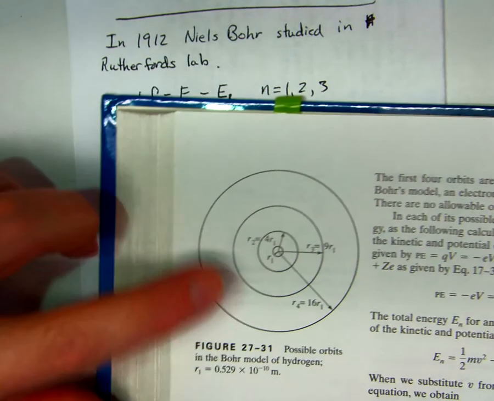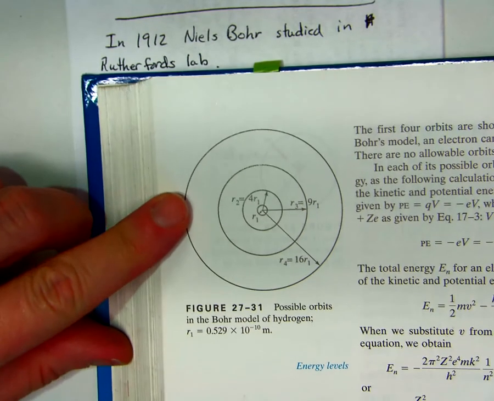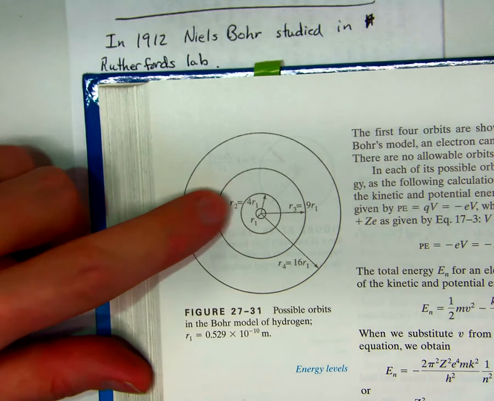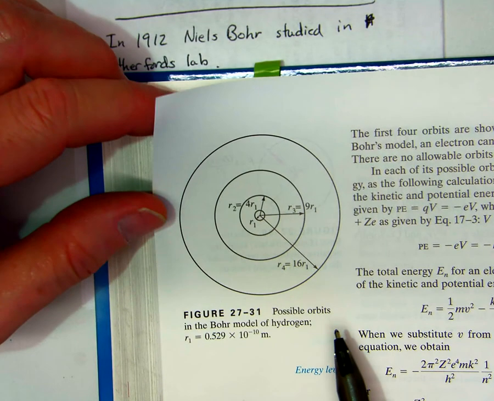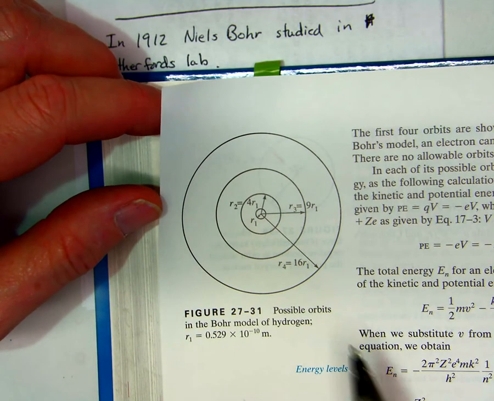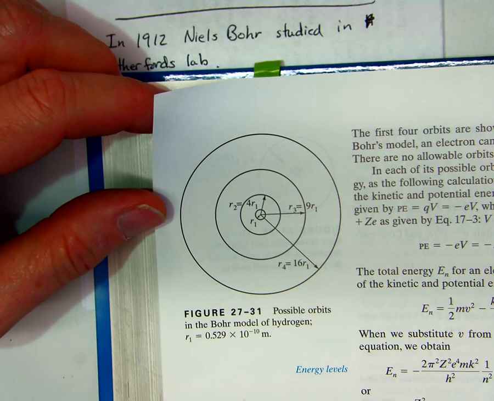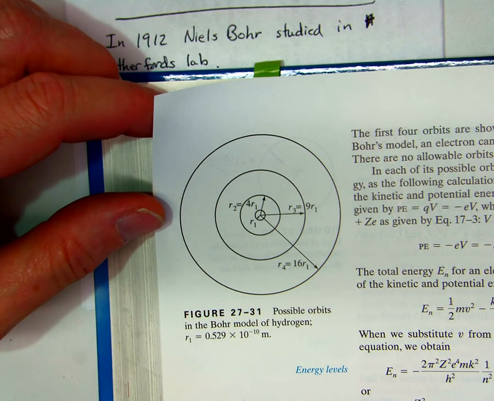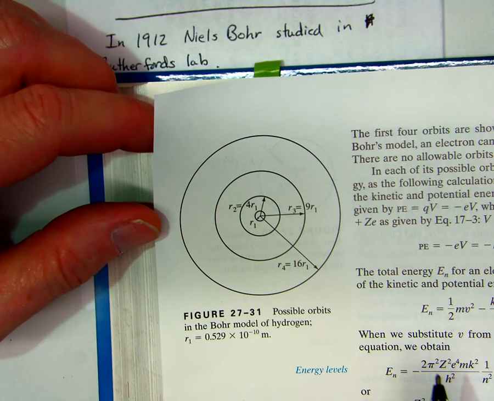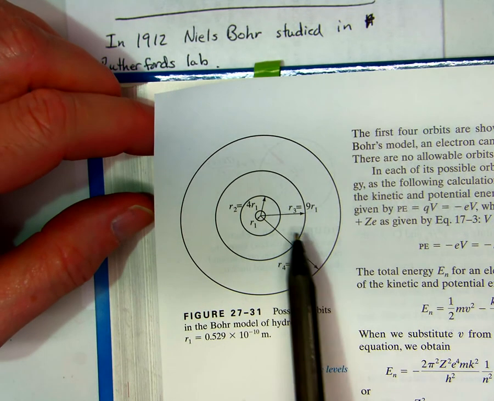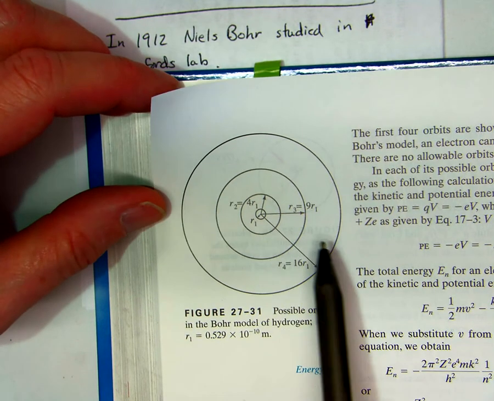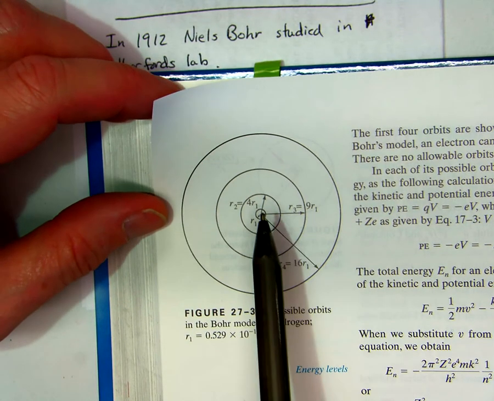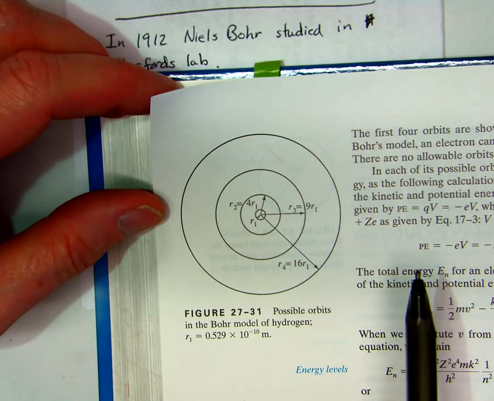Another way that they show this is with a diagram that looks like this, with the protons in the center. There are only very specific levels where the electrons can be, and so instead of having kind of a continuous place where they can be, it's only very specific spots.